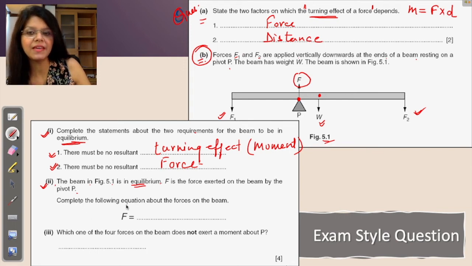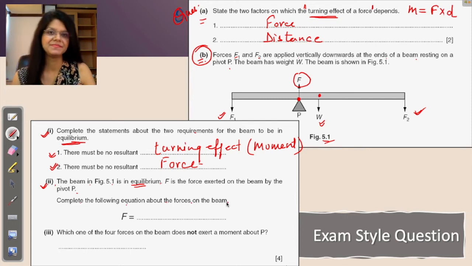Complete the following equation about the force on the beam. If the beam is in equilibrium, the resultant force has to be 0. This is what he said, right? In equilibrium, resultant force is 0. So all the upward force, which is F, should be equal to the sum of all the downward force.